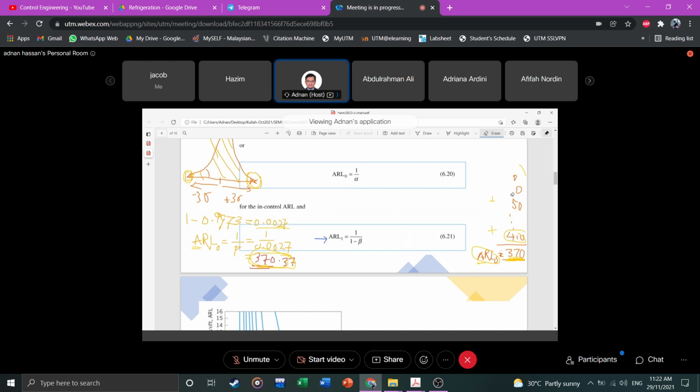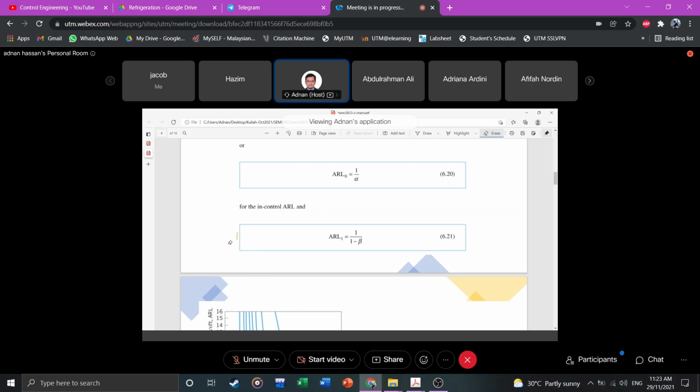All right, so what happens if the process is unstable? Let's say a process having a problem. When a process is having a problem, we want to detect it as quickly as possible, to detect that it is out of control.